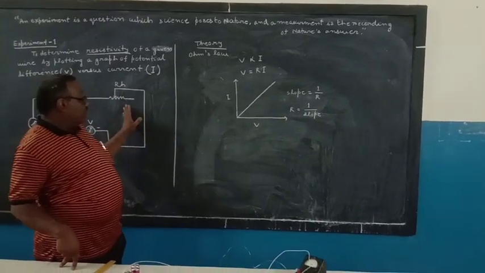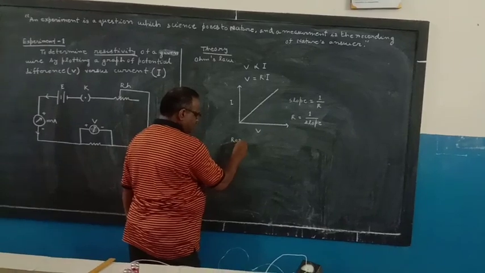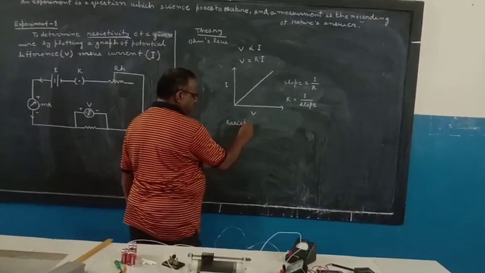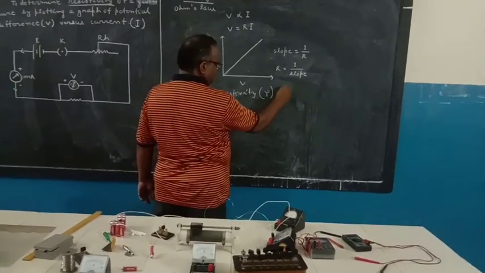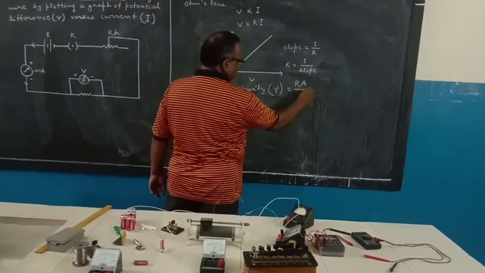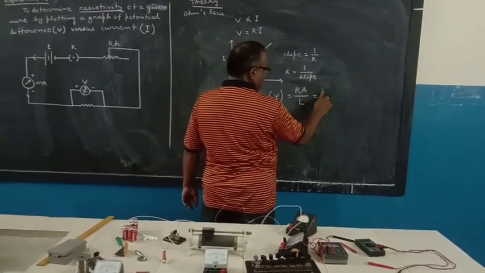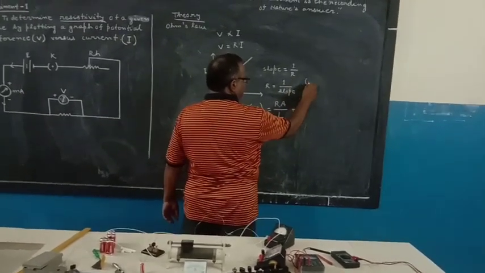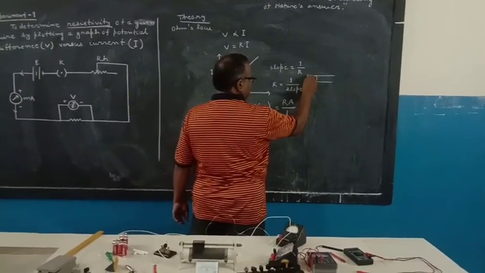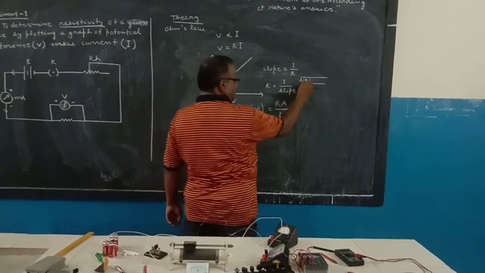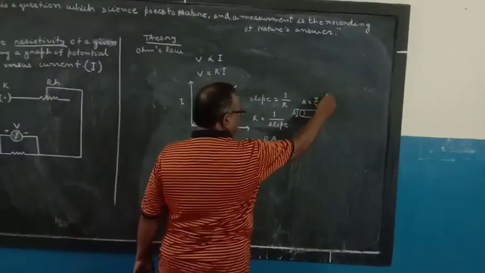But you want to find out the resistivity. The resistivity rho is equal to RA by L. If you take the wire and its diameter is small d, then the area of cross section A is pi by 4 d square.